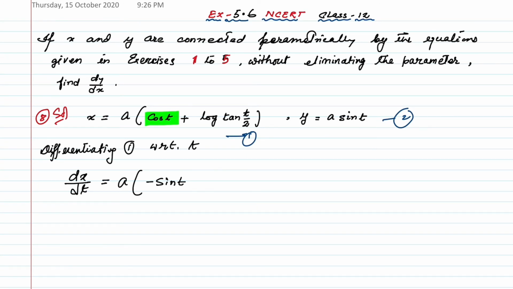So now in order to differentiate log of tan t by 2, first assume tan t by 2 as x, consider this one as log x. If you consider this as log x, then derivative of log x will be 1 by x, isn't it? So instead of x, what we have here is tan t by 2.